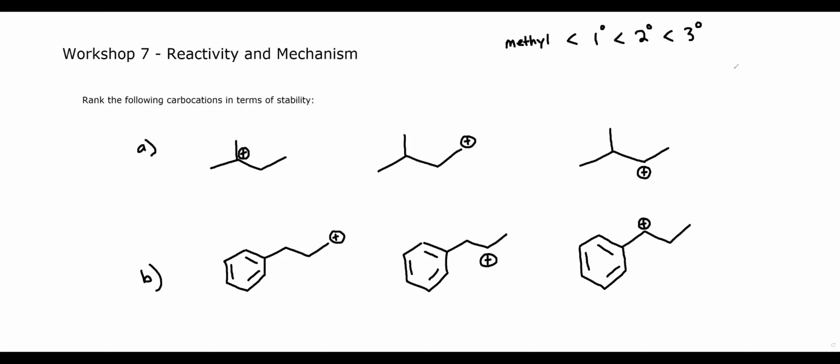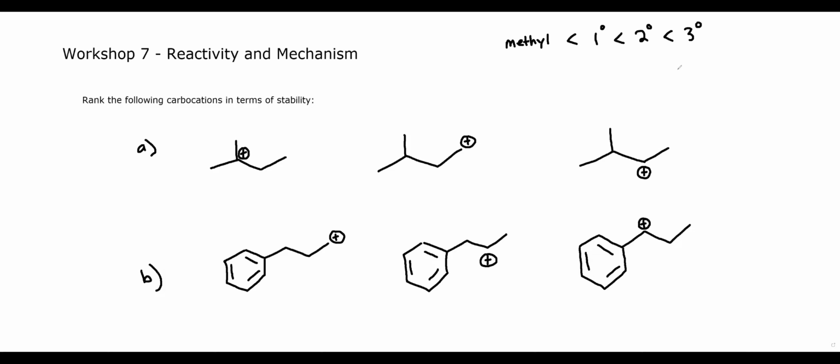So those tertiary carbocations are the most stable, the methyl are the least stable. And remember that stability is due to hyperconjugation stabilizing that positive charge. Those neighboring bonds sort of stabilize that positive charge.